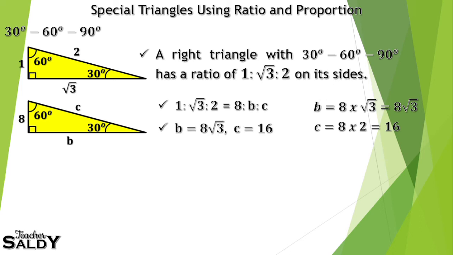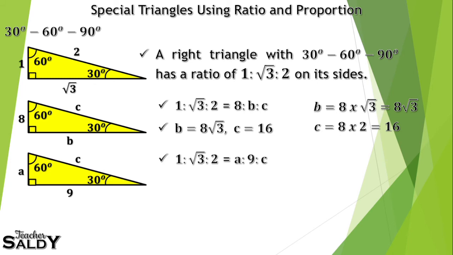Therefore, your B is equal to 8 square root of 3 and C is equal to 16. No need to perform the Pythagorean Theorem on special triangles. Just like this triangle, a right triangle with 30 degrees, 60 degrees, and 90 degrees.